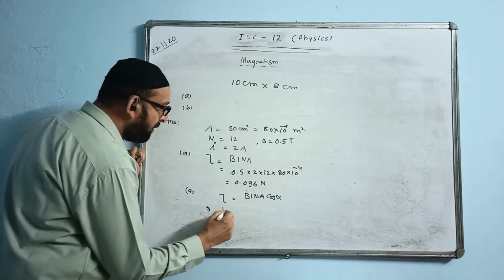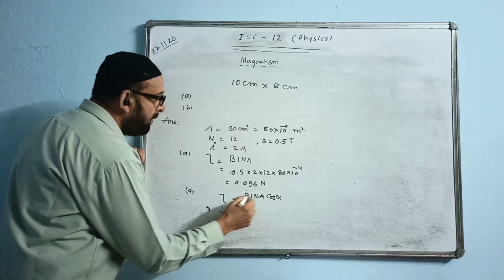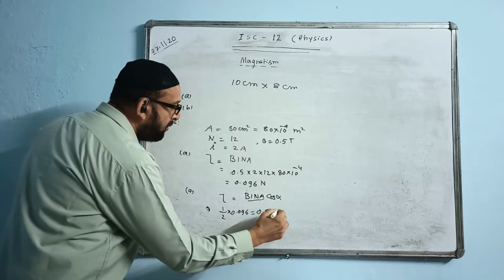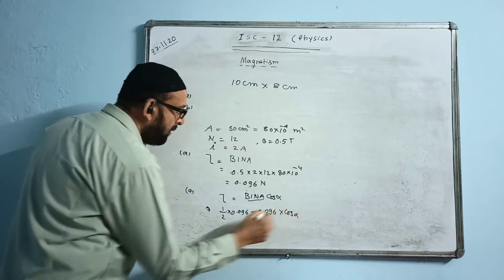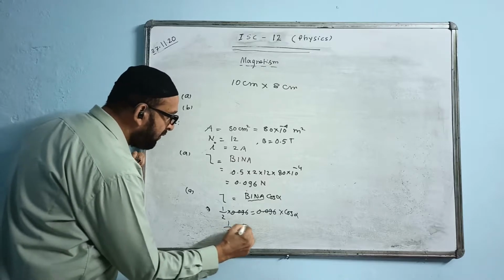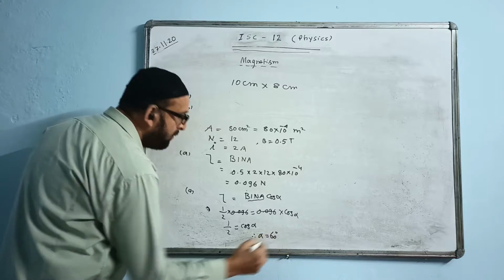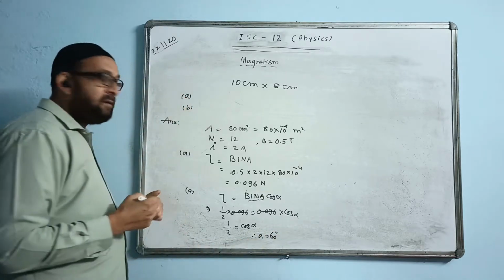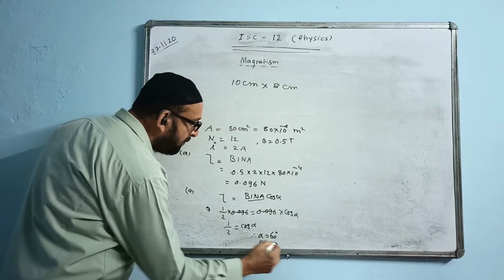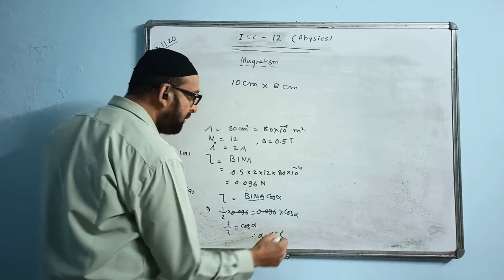That means you can get 1 by 2 into 0.096, and we'll put it into cos alpha. This one cancels. You get half is equal to cos alpha. Therefore, alpha value is coming 60 degree. If you take the value theta wise, the theta value will come 30 degree.